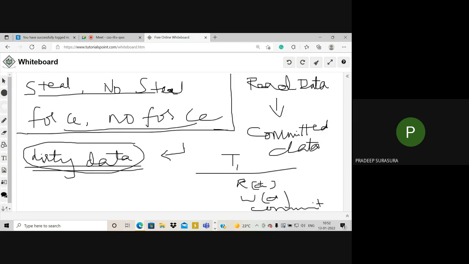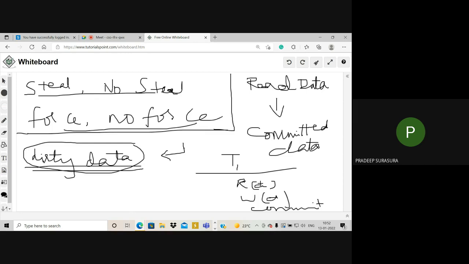Force means commit the data. Once the transaction is successfully executed, we try to commit the data. Doing that commit is called force. Our intention is to write back the data permanently, and to do that we have to use commit.